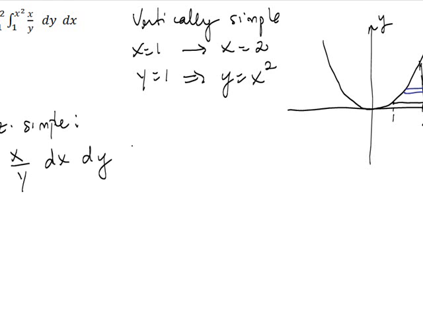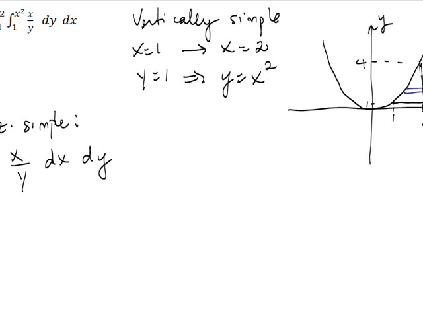Look at this. What are the y limits? 1 to what? To 4. Very good, because this is a 1 and this here is 4, because when x is 2, y is 4. Beautiful. 1 to 4.